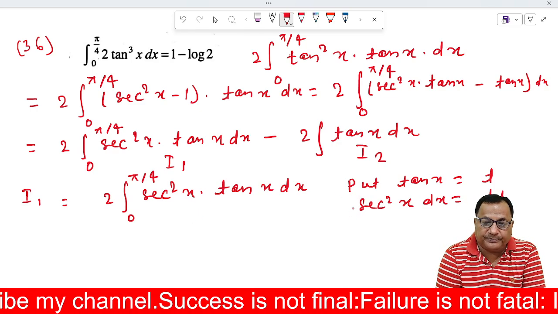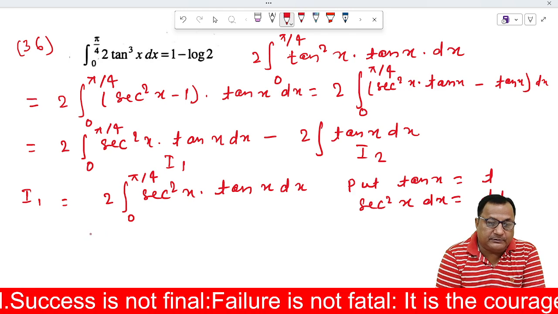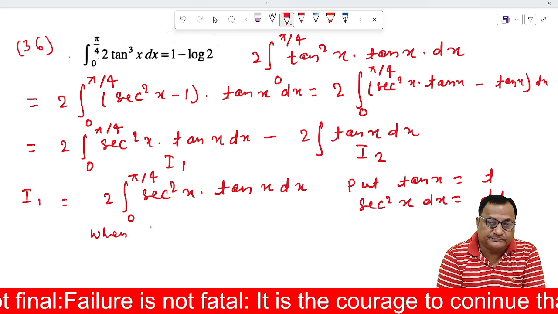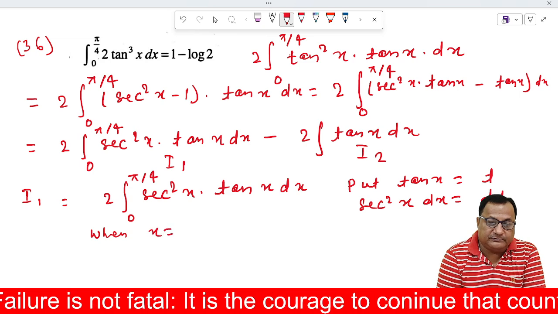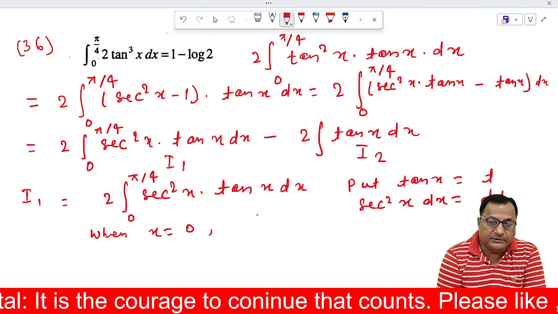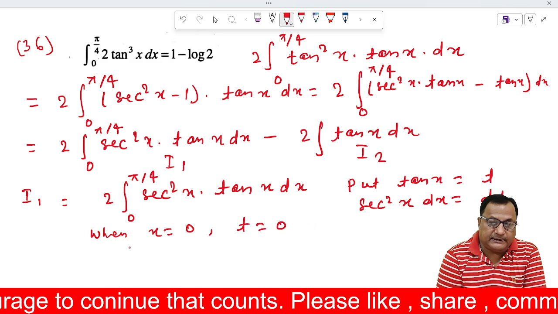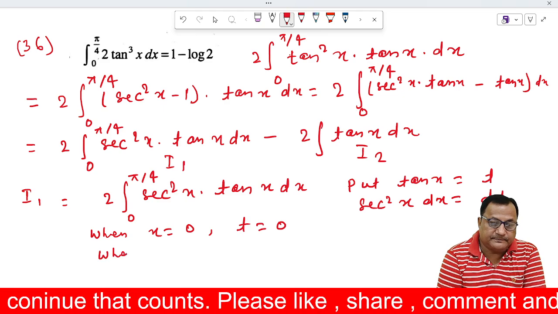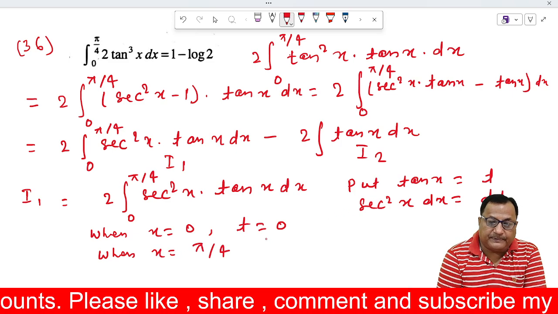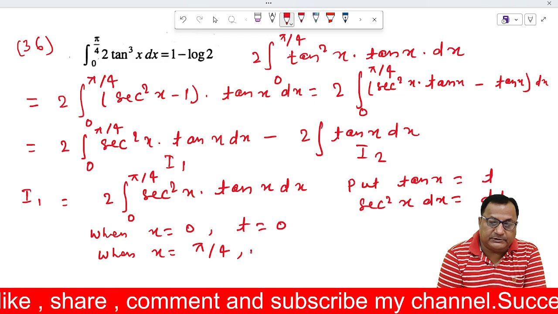Now we will change the limits also. When x is equal to 0, tan 0 will be 0, so t will be 0. So the lower limit is 0, and when x is equal to pi by 4, tan pi by 4 is equal to 1, so t is equal to 1.